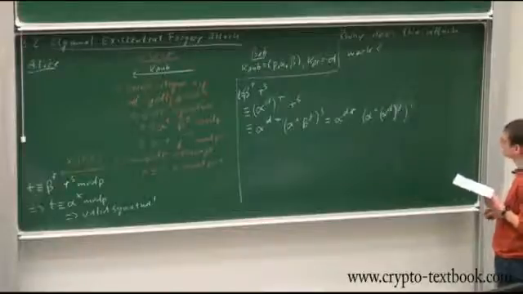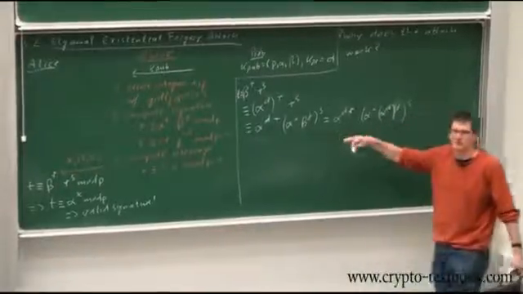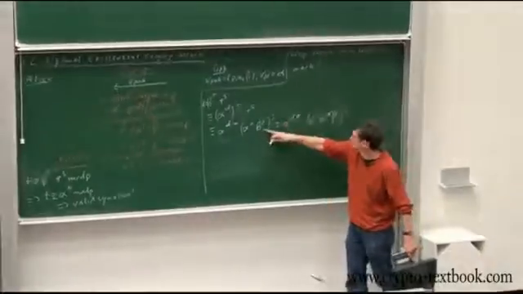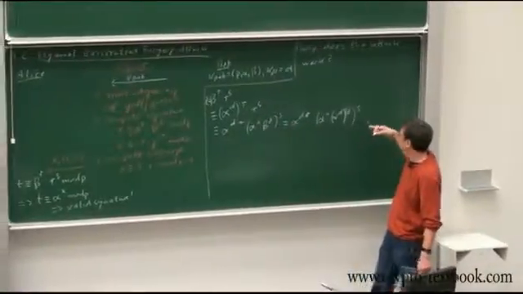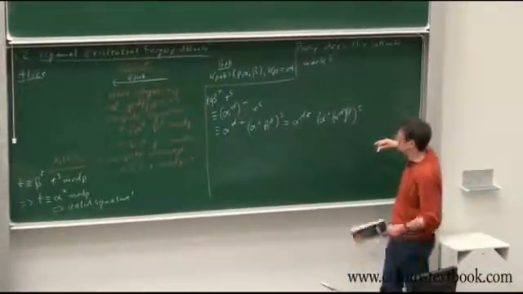Everybody with me? Is that too fast? Yeah. Beta is alpha to the d to the j, so I get really bad exponents here.